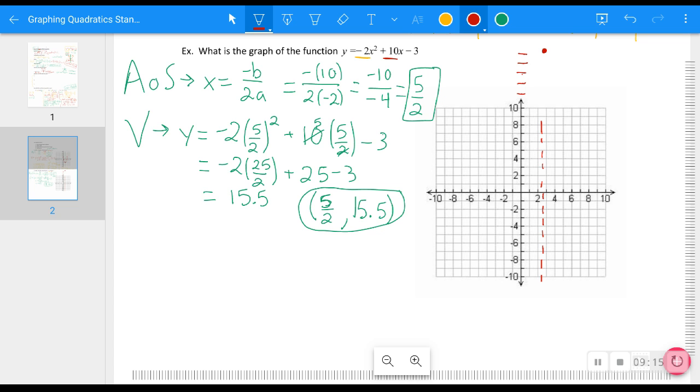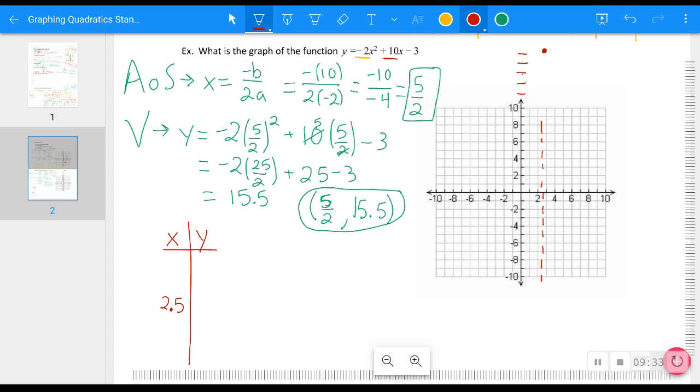So then if we make another XY table, doesn't matter if you make it going up and down or sideways. Either way is fine. So if our vertex was at 2.5, we can just plug in even numbers to make that a little easier.